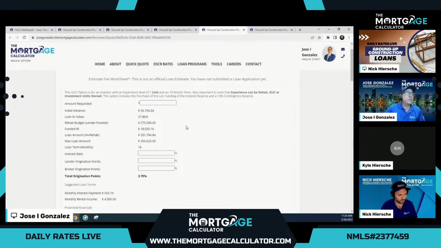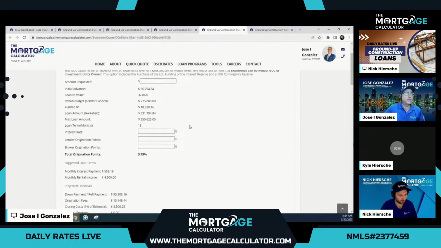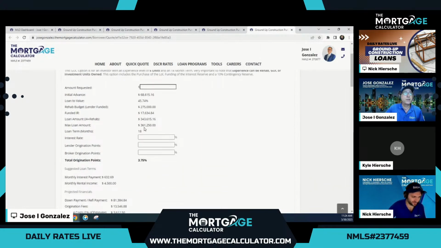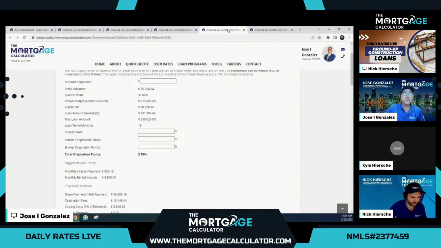So you'll note the loan amount changed a little bit, to $350,625 versus $361,250. So not a really big difference there, roughly $10,000 to $11,000, because the deal still has some good profit.